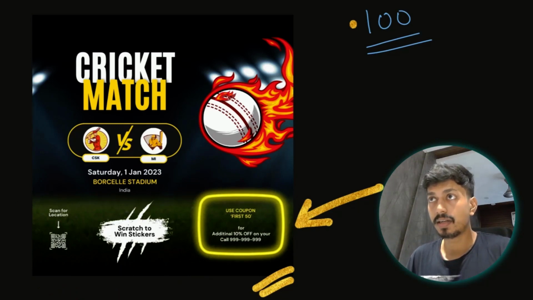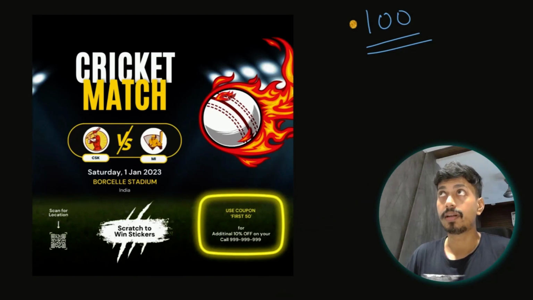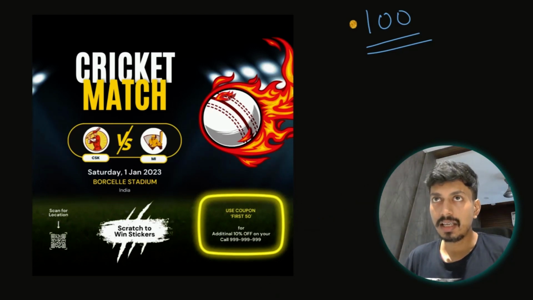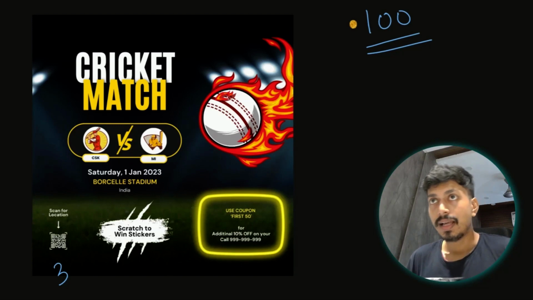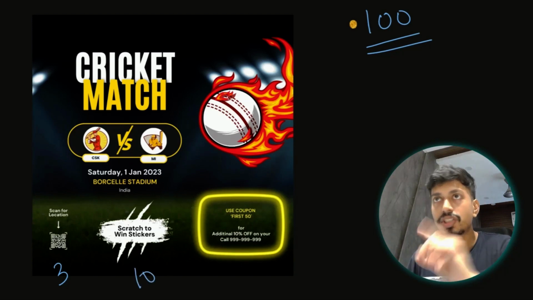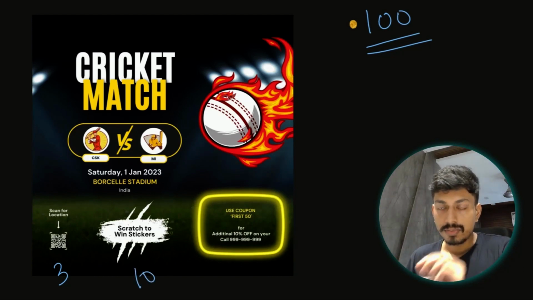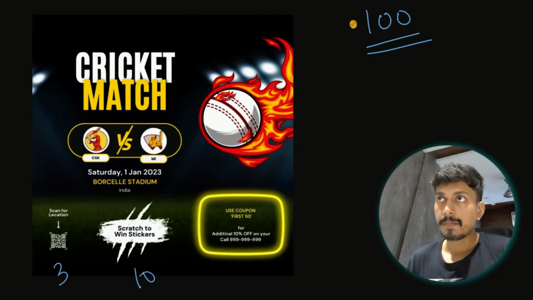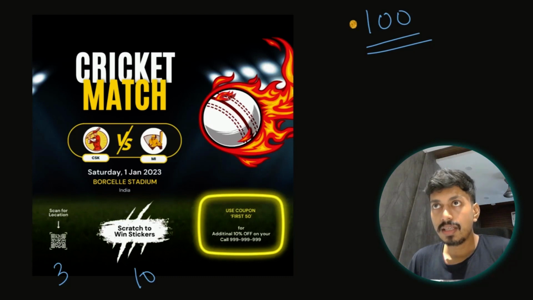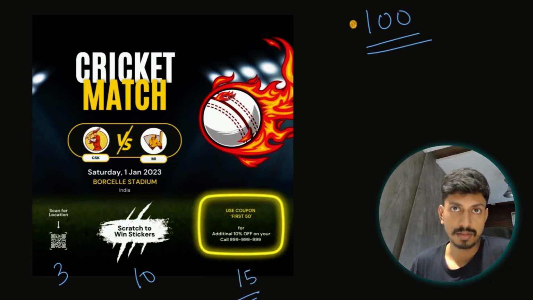Things will be super easy for you right now. 100 flyers were distributed and let's say only 3 out of 100 scanned this QR code for location. Let's say 10 scratched this coupon for the idea of winning a sticker. And maybe like 15 actually called on this number.